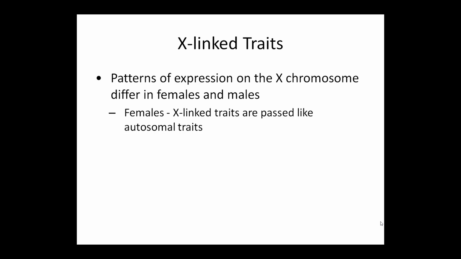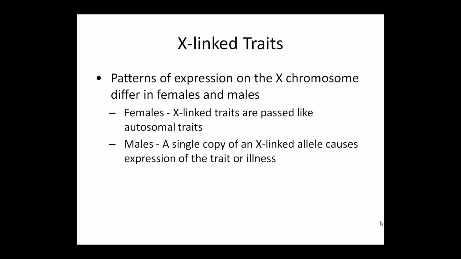In females, X-linked traits are treated like autosomal traits because females have two X chromosomes. In males, who have only one single copy of an X-linked allele or X-linked mutation, they're said to be hemizygous. Hemizygous.